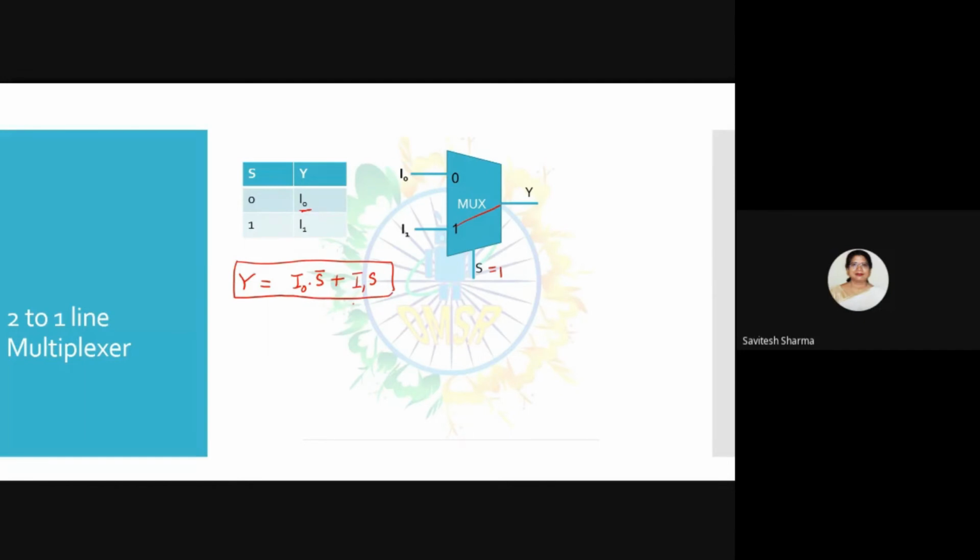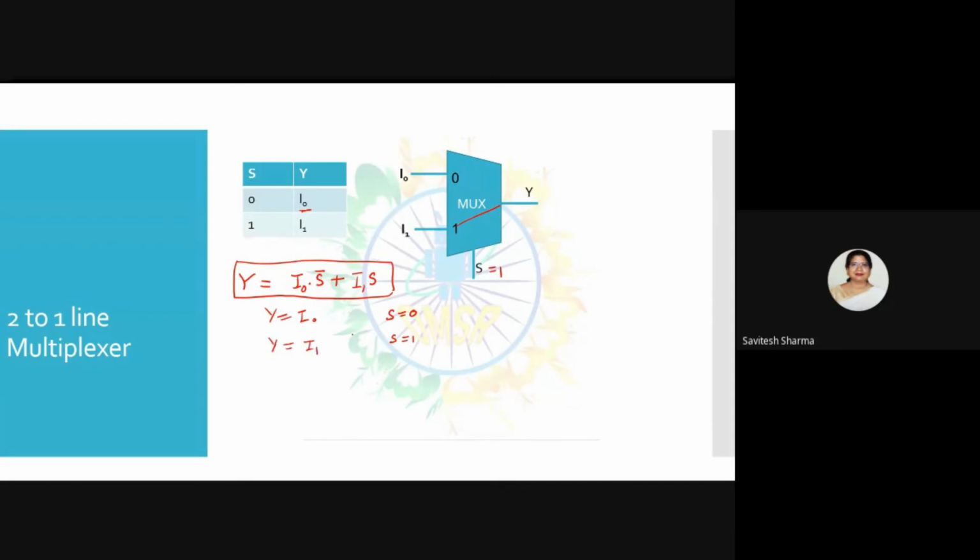So you see here, if S is 0, this term will automatically be 0. So I0 will appear at the output because S complement is 1. And if you check, if S is 1, you put 1 in the equation: 1 complement means 0, so this term will be 0 this time, and Y will be equal to I1.